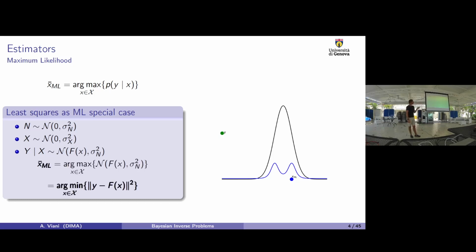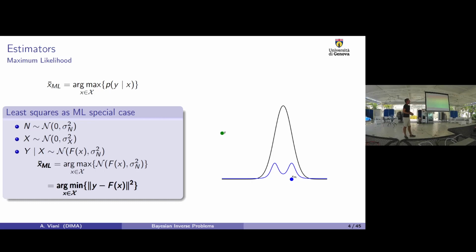Okay. And so the maximum of a Gaussian distribution is the minimum of the minus log likelihood. And this is the exponent of the Gaussian distribution. Okay.